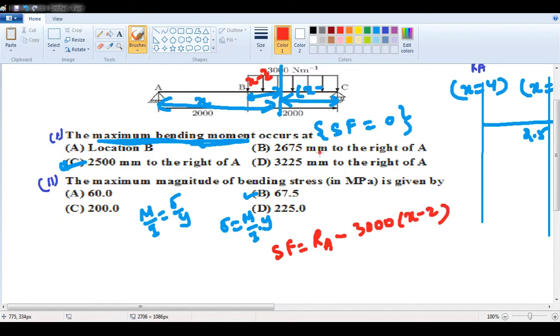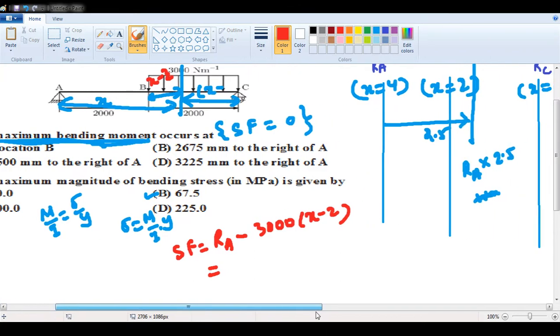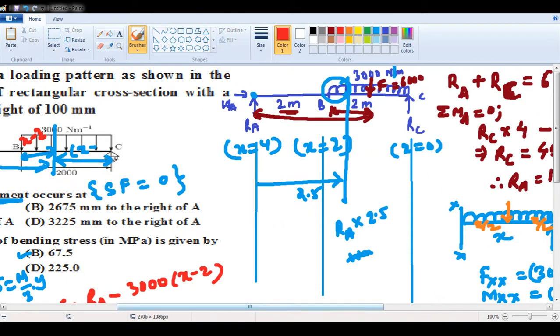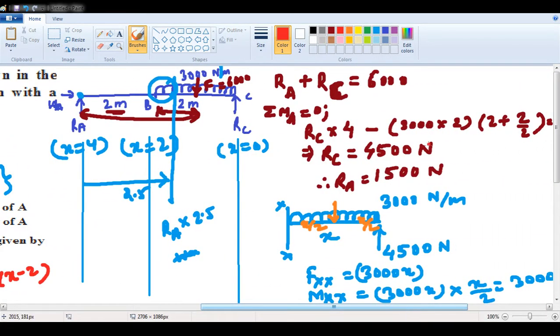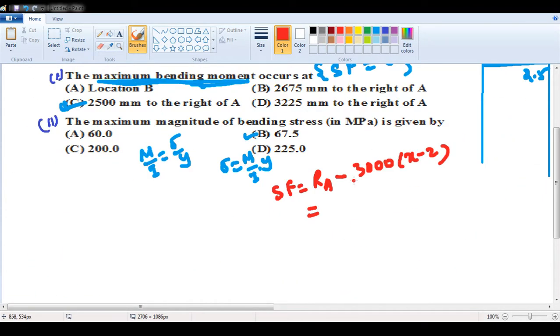Here 2675 is there, 3225 is there, 2500 is there. So let me try with this. We have got the value of Ra, right? How much we got Ra? Ra is 1500, right? So check: 1500 minus 3000 into, if I take 2.5 minus 2, how much I get? 0.5, and 3000 into 0.5 is nothing but 1500.